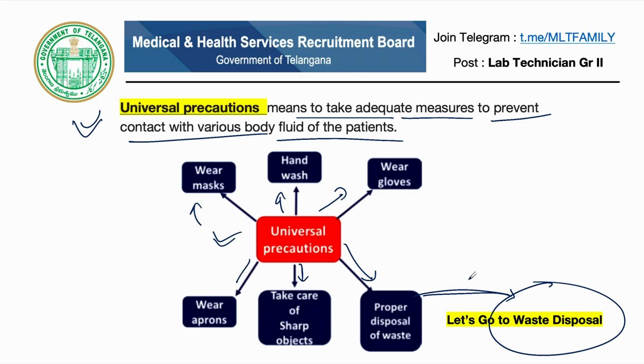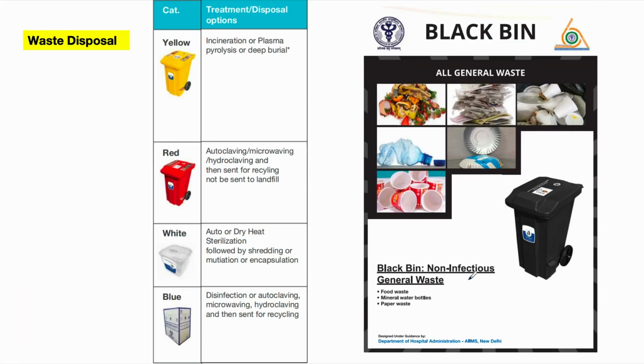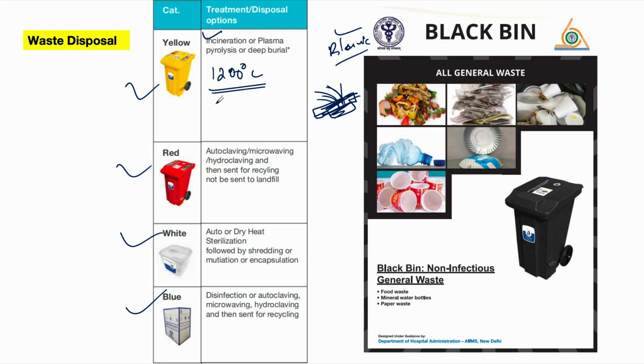Okay, now we will go to the waste disposal. Only the black bin is treated by the municipality. We just do sanitary landfill. But for other kinds of waste, we use specialized techniques like incineration. It will burn the contents of the yellow bin at 1200 degrees Celsius.